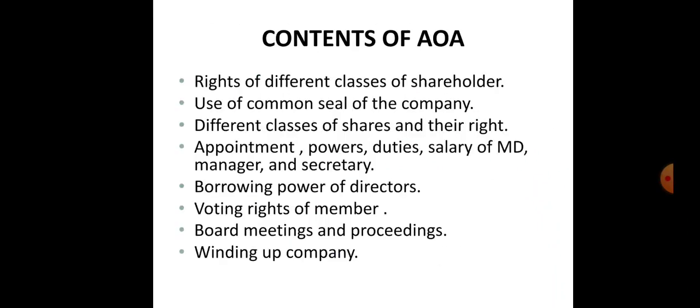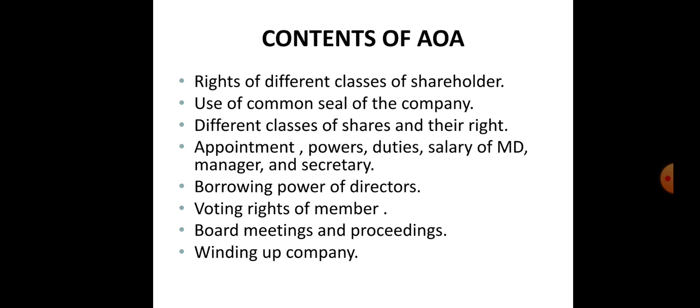Now let us understand the contents of AOA. The contents of AOA include the rights of different classes of shareholders, the use of the common seal of the company, that is, when we have to use the seal and to what it is applicable. We will be discussing different classes of shares and their rights, then the appointment, powers, duties, and salary of the MD, manager, and the secretary, the different categorizations and classifications we come across here.